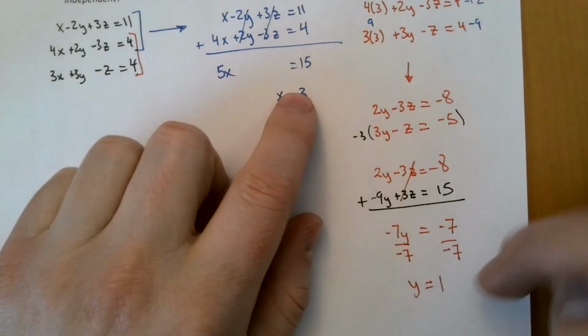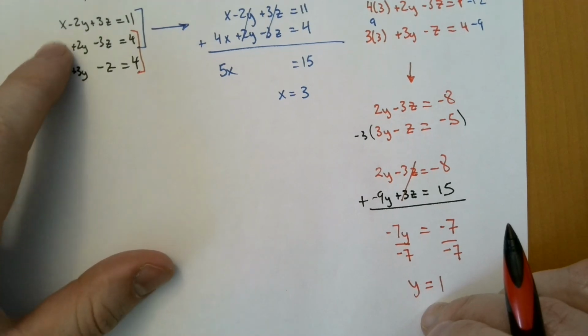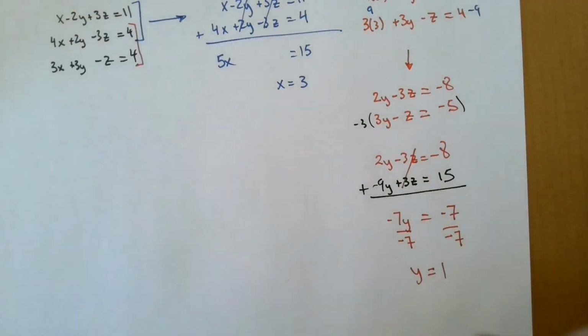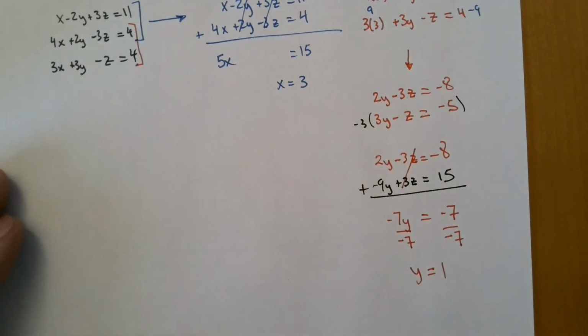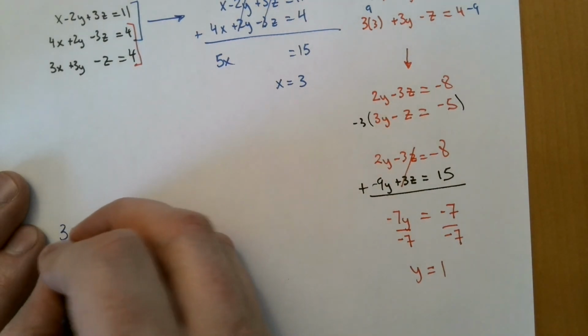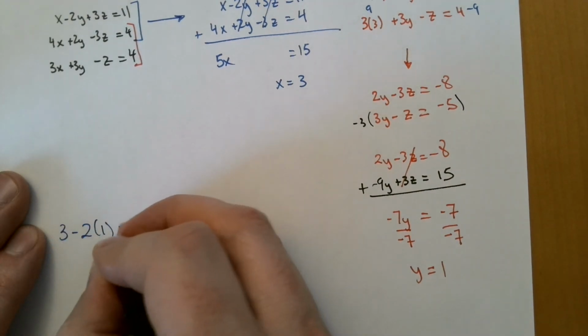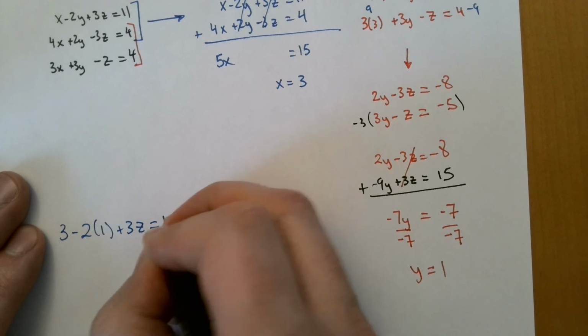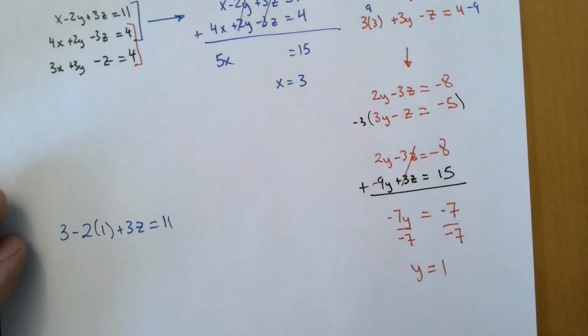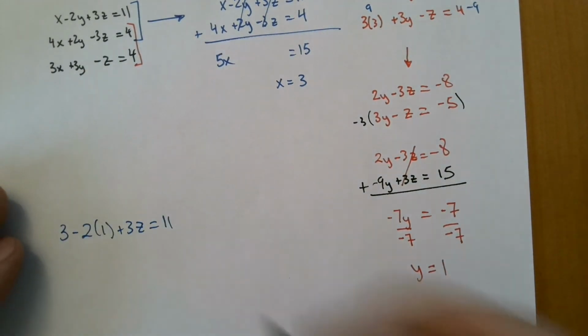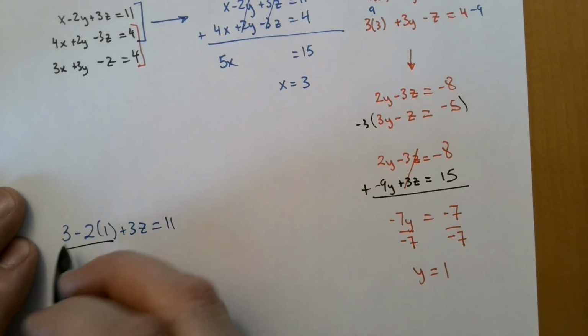Now all we have to do is take the x and the y and plug it into any one of these 3. I'm going to start with the first one, just because, why not? So we'll have 3 minus 2 times 1 plus 3z equals 11. You know, I should have done the last one because then I wouldn't have to divide at the very end, but whatever. It's all the same, right?